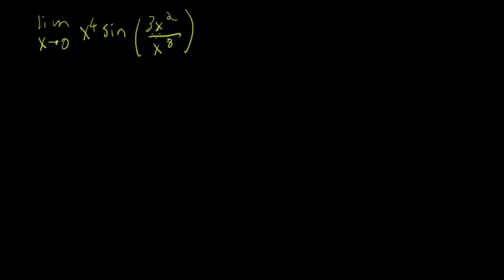If we tried plugging in 0 here in this sine, we get sine of 0 over 0, which is an indeterminate form, and not really sure what to do after that point. But what I want you to consider is this piece of this function right here, just this sine 3x squared over x to the eighth.